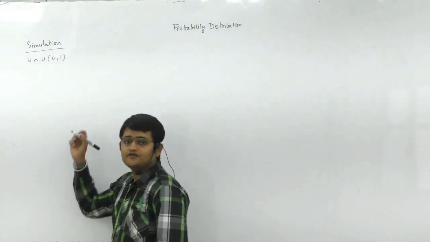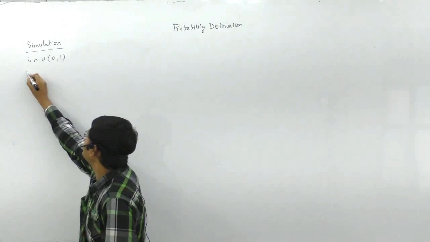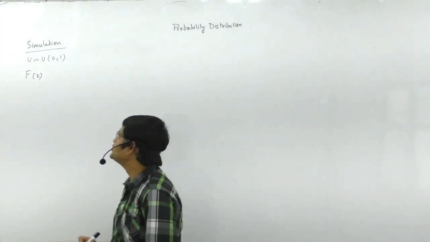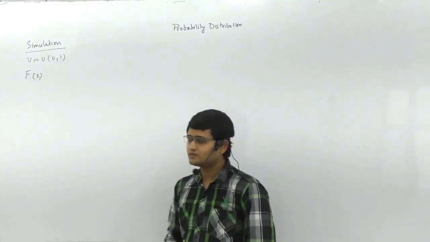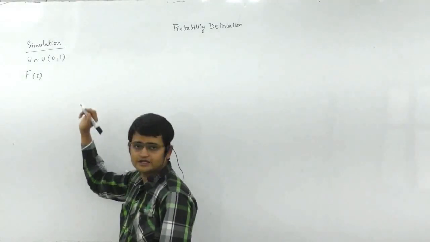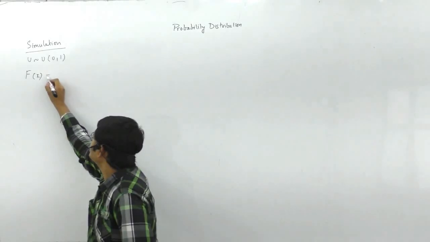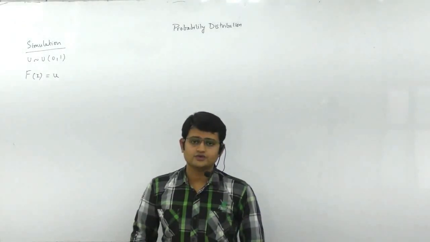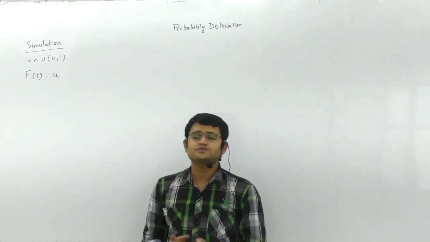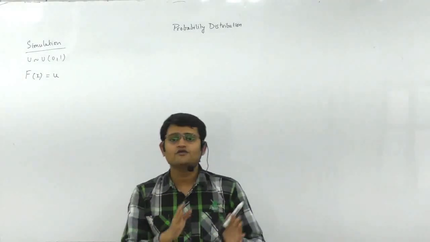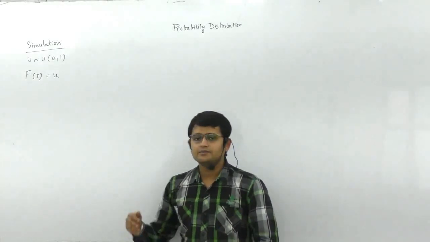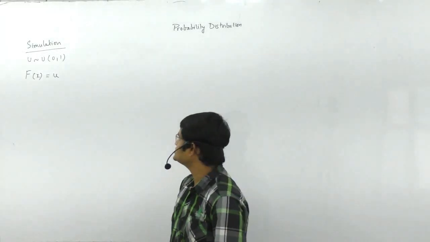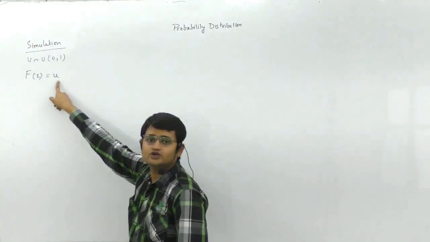Now let's say we need to simulate our value into some variable x of which we know the capital Fx. Capital Fx might be anything. What we are going to do is relate our capital Fx with those particular values u. Our small fx, being the probability density function for continuous distributions or the probability distribution function for discrete distributions, will not be related to u.